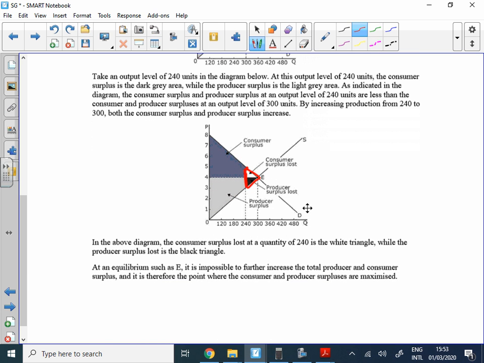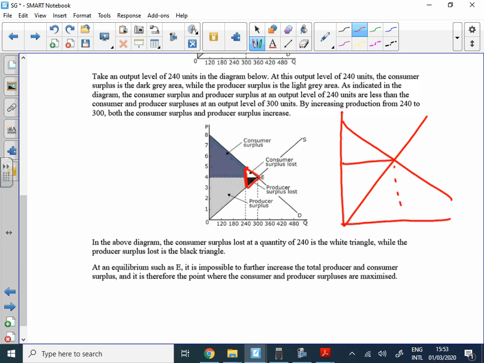Although at equilibrium, supply and demand, people would be willing to buy 300 units, suppliers are only able to produce 240. They are not able to actually get to that 300. So consumers are going to get that 240 and we are going to end here. This region over here is going to be lost surplus on both sides because they wanted to have this, but it doesn't belong to anyone anymore. So that is just an example there.